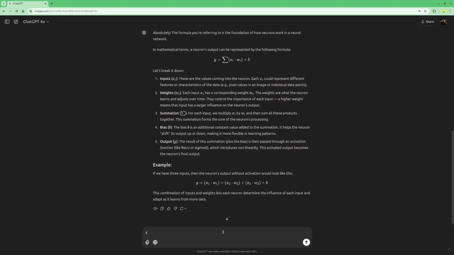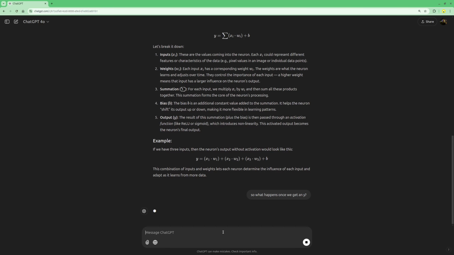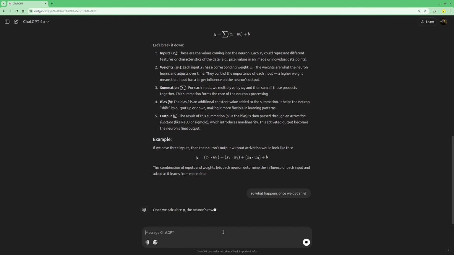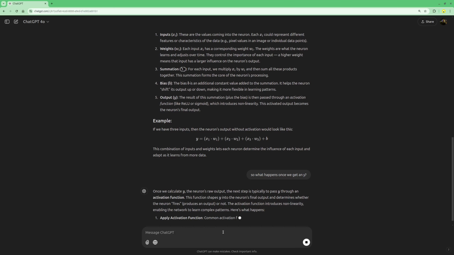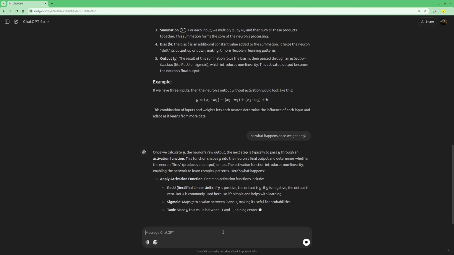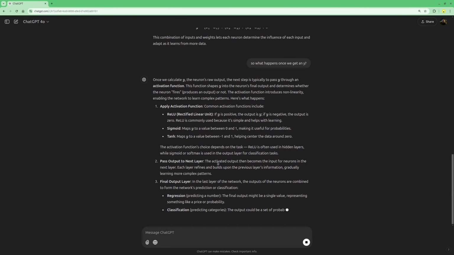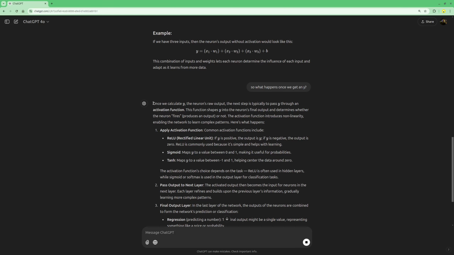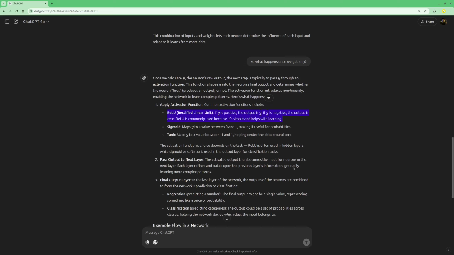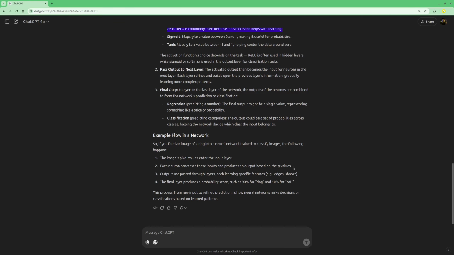Okay, so what happens once we get a net value? Once we calculate epsilon, we pass it to the activation function, and go to the next.